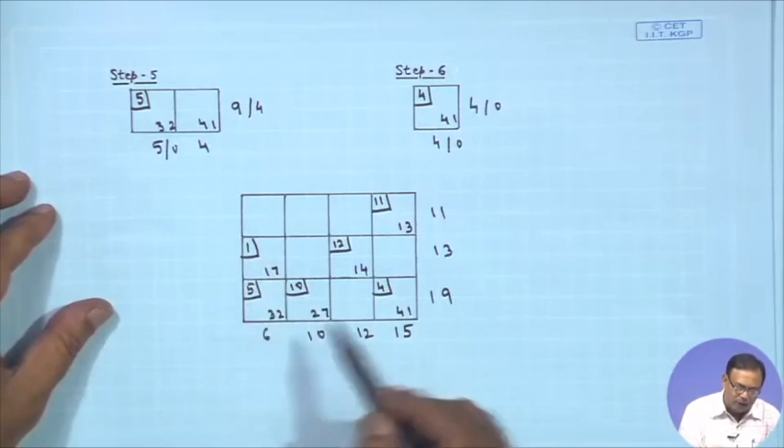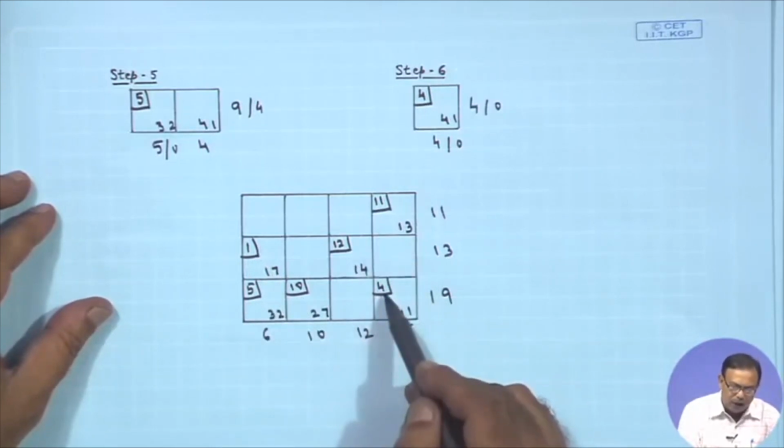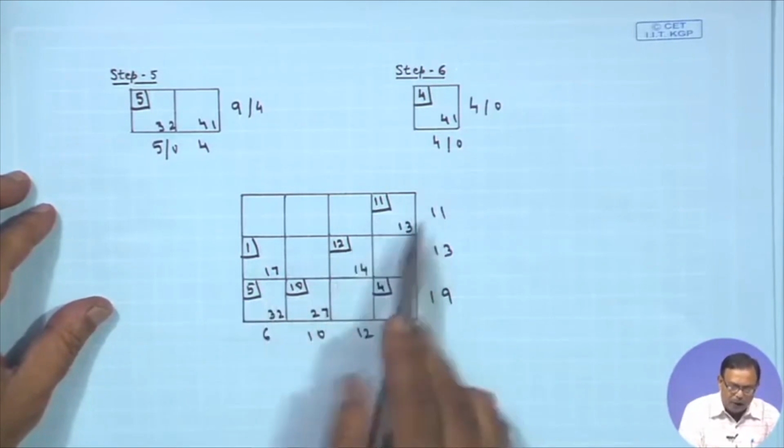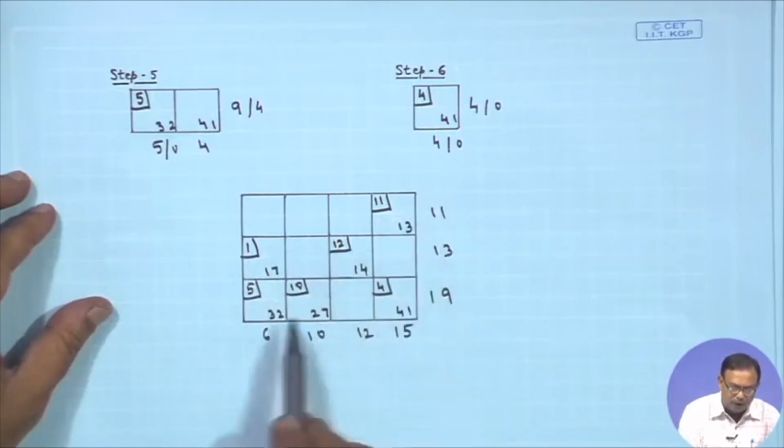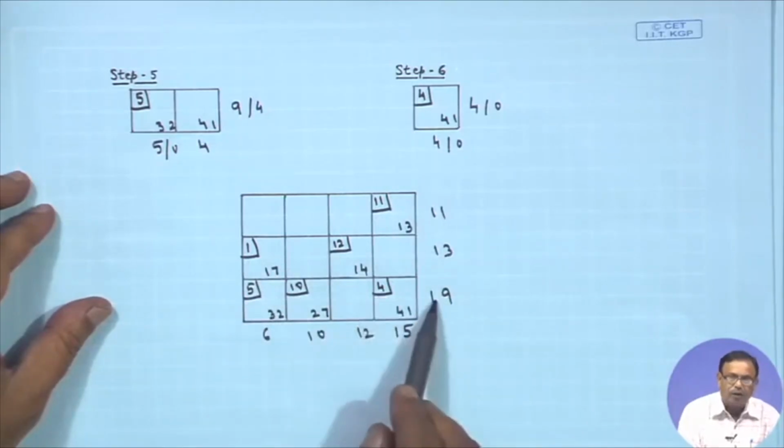5 plus 1 is 6, here it is 10, 12, 11 plus 4 is 14, here it is 11, 12 plus 1 is 13, 5, 10, 14, 19.